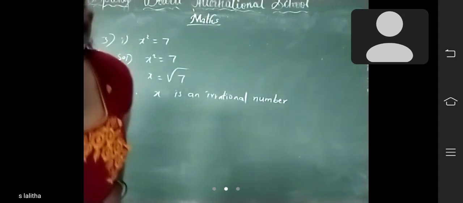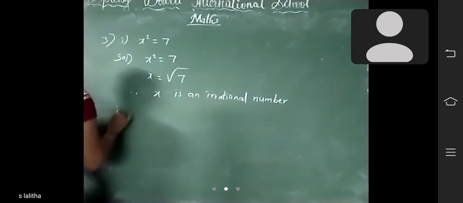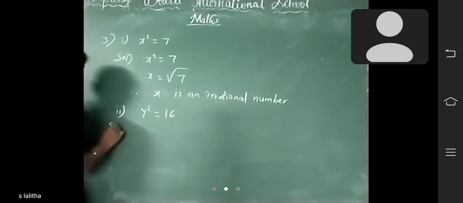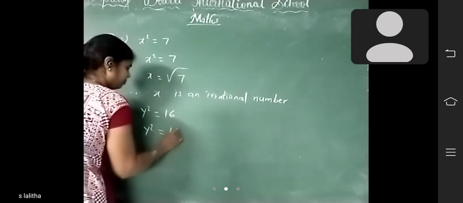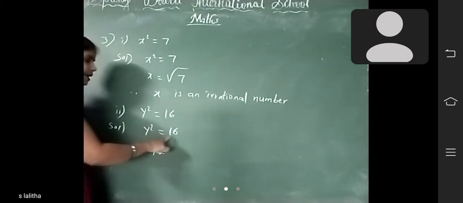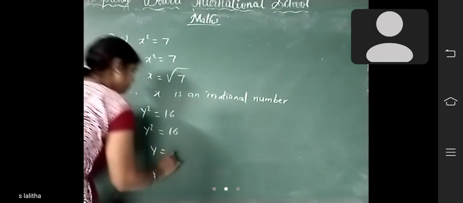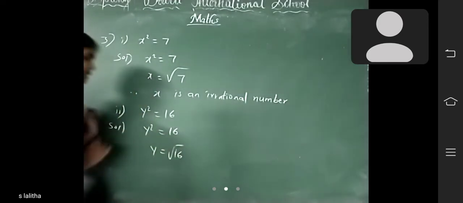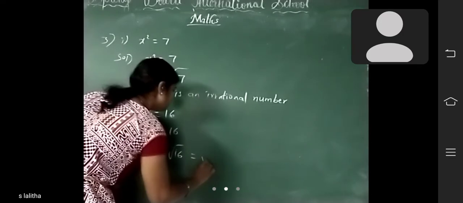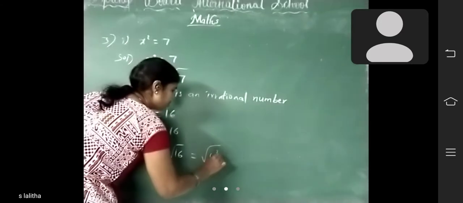Now, second one, y square equal to 16. Okay, y equal to, here square is there. If you transpose to the right hand side, what will it become? Square root of 16. So square root of 16, how can you write? 4 square.